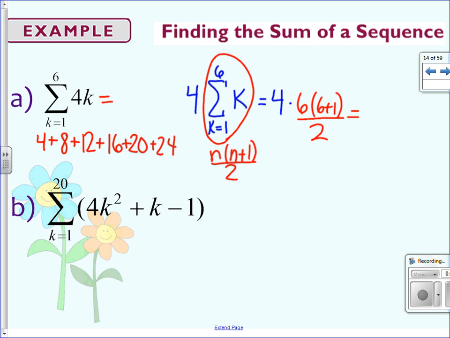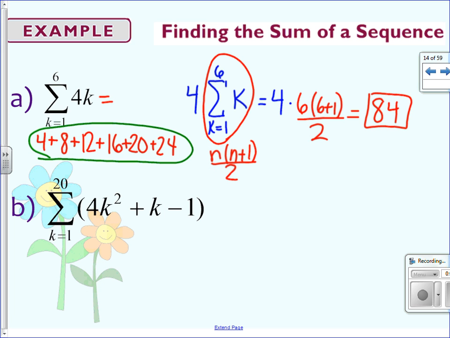So it's 4 times 6 times 7 divided by 2, which is 84. And that is the same as adding all of these up to accomplish the same goal. But again, if you have a whole longer list of numbers to add up, using the formulas is more efficient.